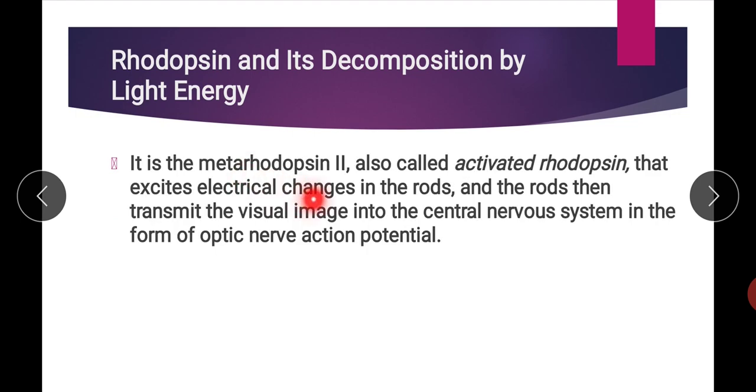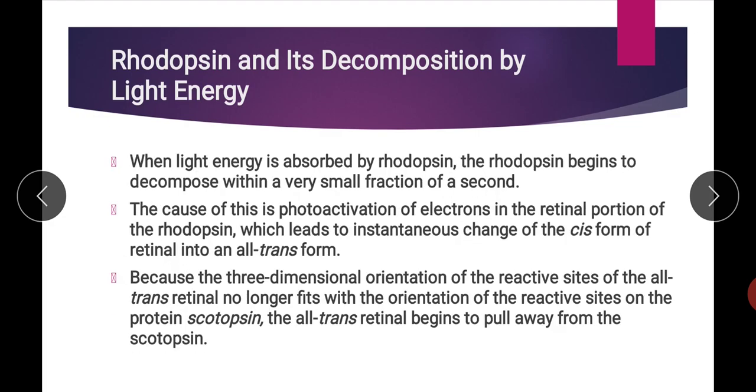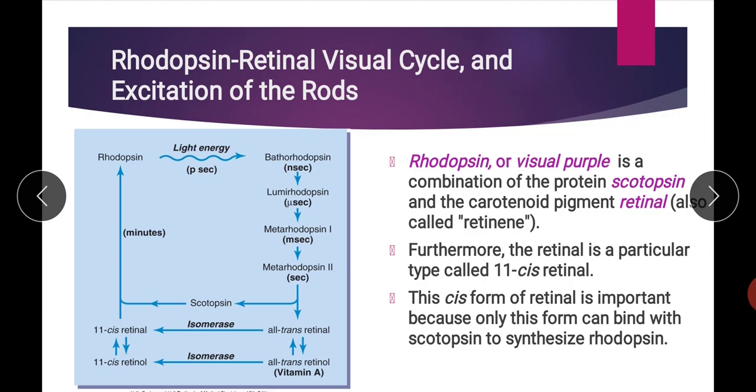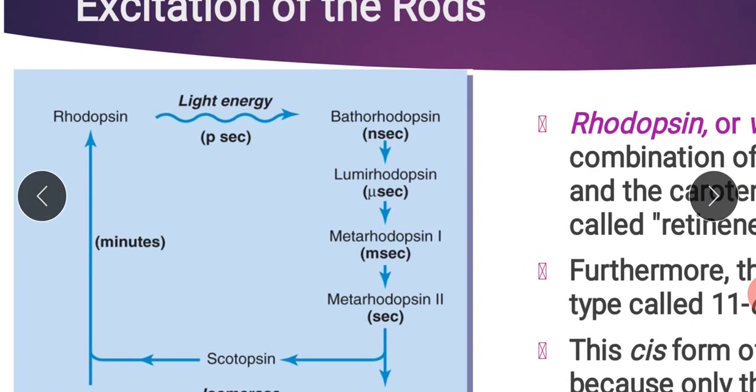It is metarhodopsin 2, also called activated rhodopsin, that excites the electrical changes in the rods, and the rods then transmit the visual image into the central nervous system in the form of action potentials. So this is how the visual cycle operates. First, the light ray strikes the rods, the rhodopsin absorbs the light photon and starts to decompose.